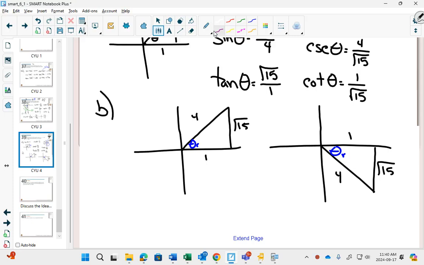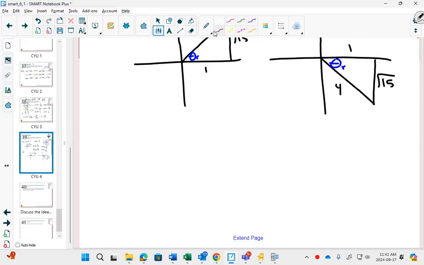And we need to figure out all of the angles from negative 360 to 360. Negative angles go backwards, positive angles go forwards. One goes counterclockwise, one goes clockwise. Okay? So as an idea, let me just write this out.